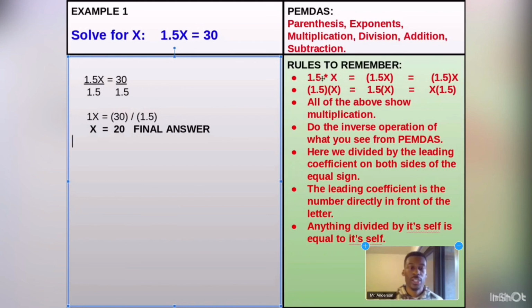But make sure that you write down these rules to remember. Understand what we did here and how PEMDAS was used, because this order and this PEMDAS is used constantly in algebra. All right. So that's all for now. I hope this helps you. Again, if you have questions, reach out to your teachers, reach out to whoever you need to reach out to help you figure this out.